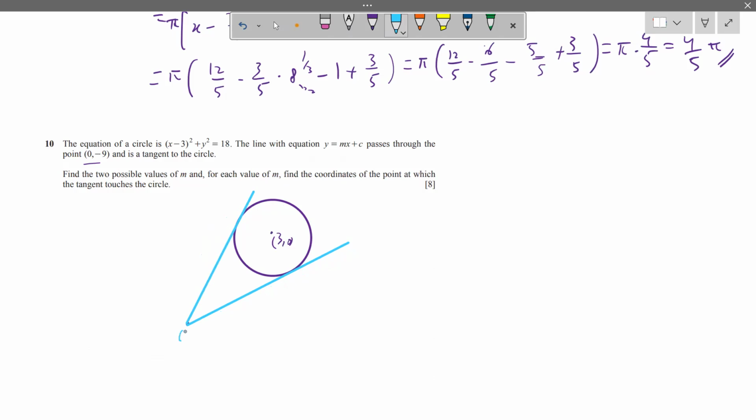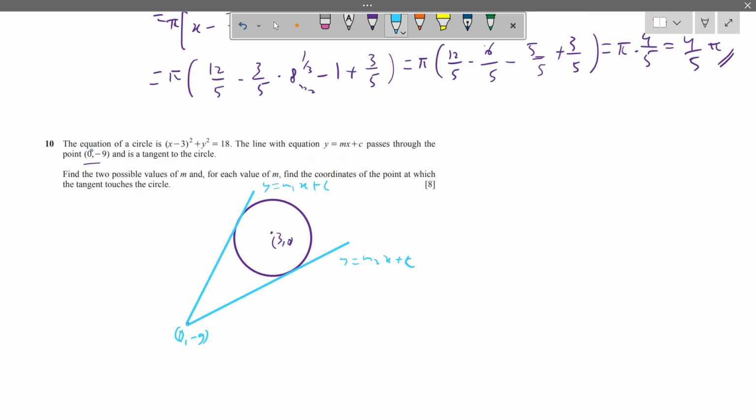So this is (0, -9). So let's say this is y equals m1x plus c. This is y equals m2x plus c. Why do we know there will be two values of m? We'll see later.